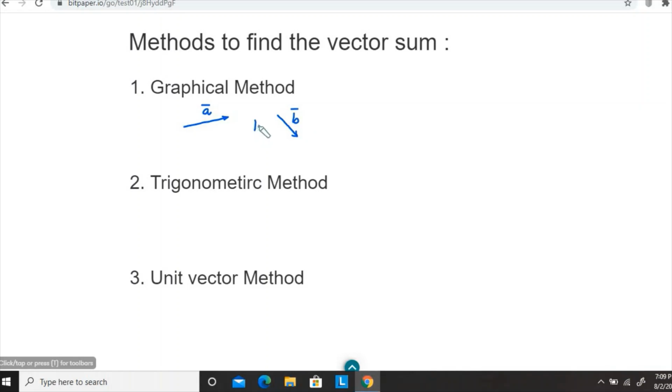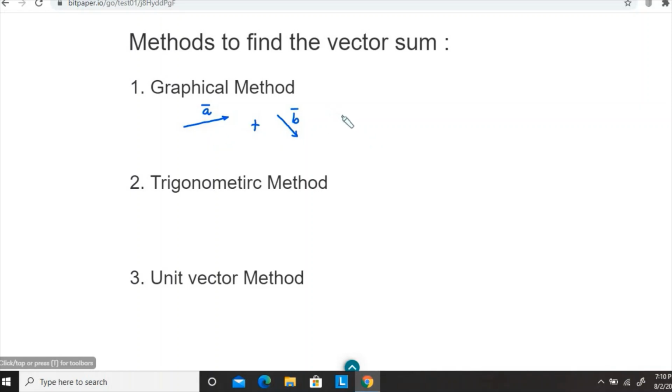I want to take the vector sum of this. Now remember, this is not a normal sum, like sum of two numbers, because as you know, a vector has a size as well as a direction. So when we are doing a vector sum, we have to consider two things, that is the size of those vectors as well as their directions.